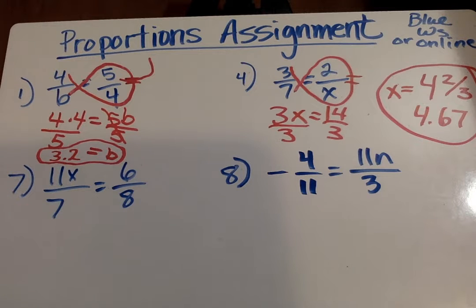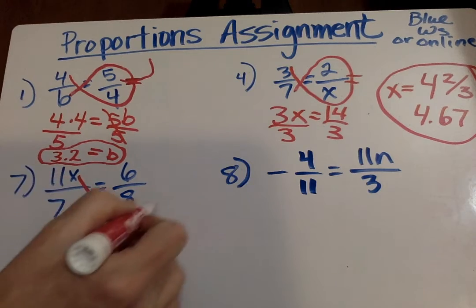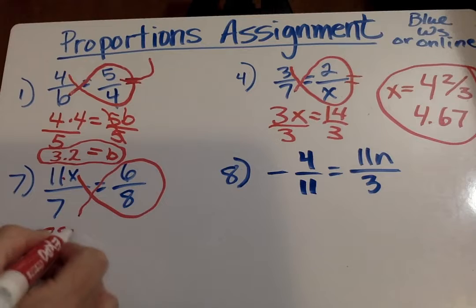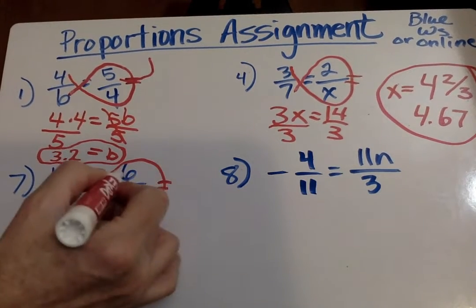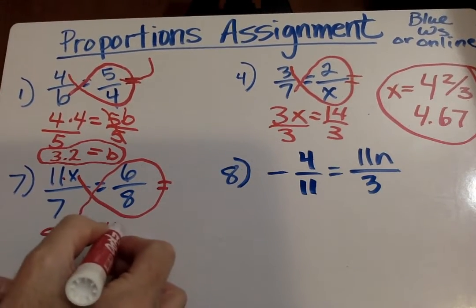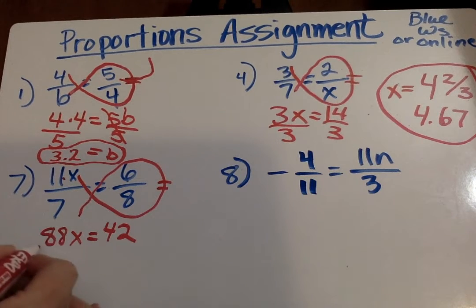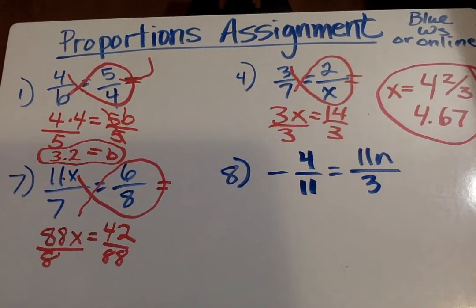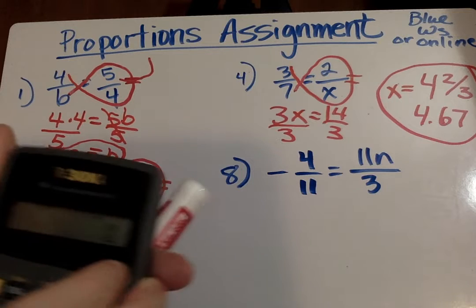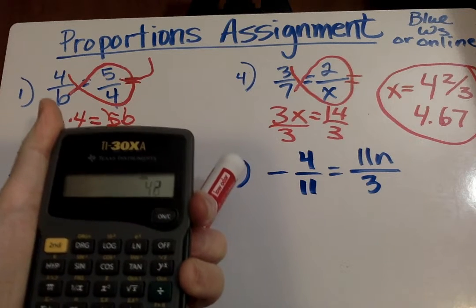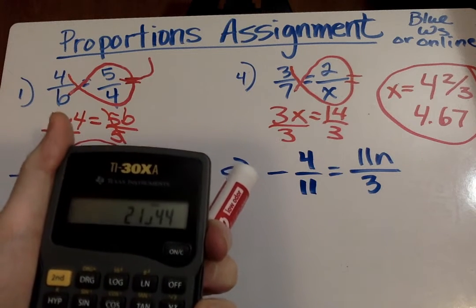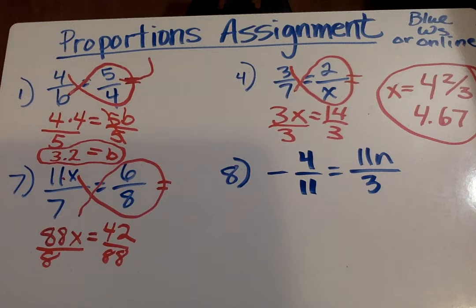Next, we're going to go on to number 7. 11x times 8, 88x, equals 6 times 7 is 42. Again, remember to divide by the number in front of the variable. So then I can go 42 over 88, so I'm putting it in as a fraction, equals 21 over 44.